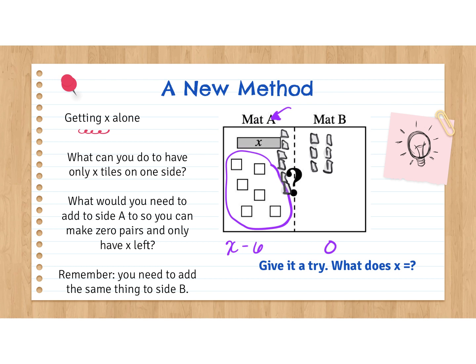We have added plus 6 on this side and plus 6 on the other side. But what it allows us to do is have a 0 pair times 6. So what's left is X and then 6. So X is equal to a positive value of 6.